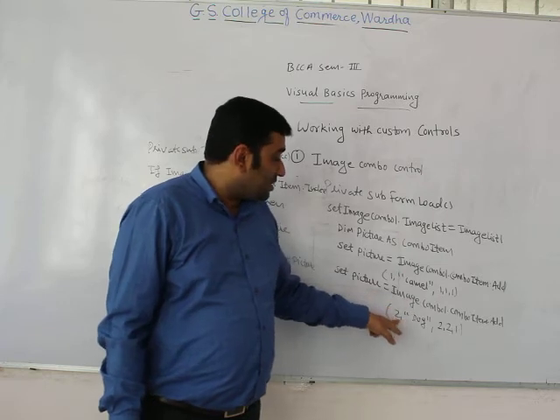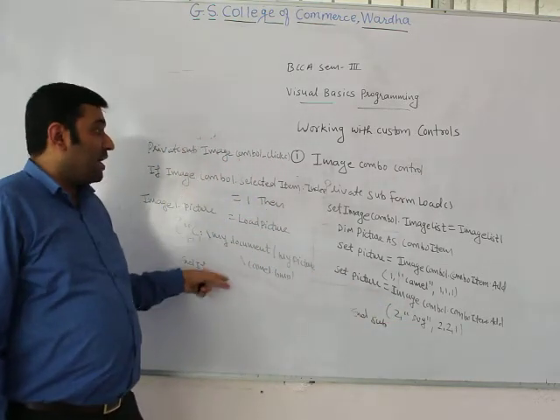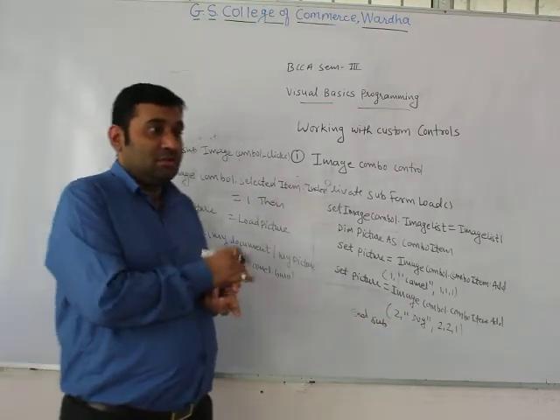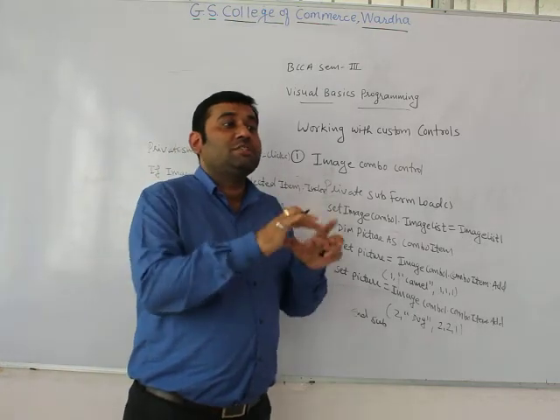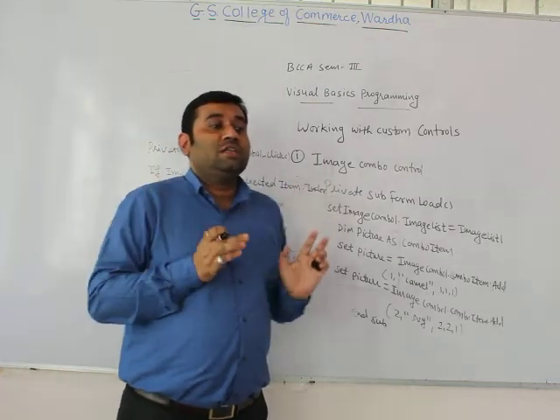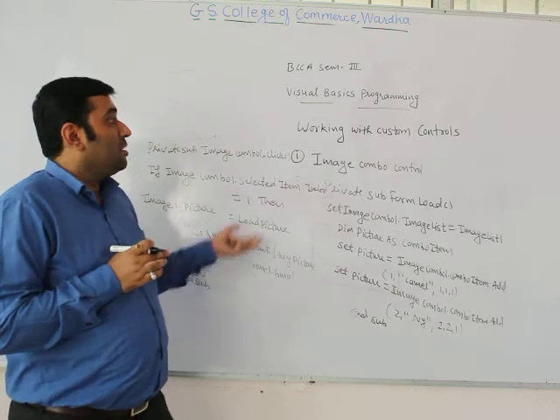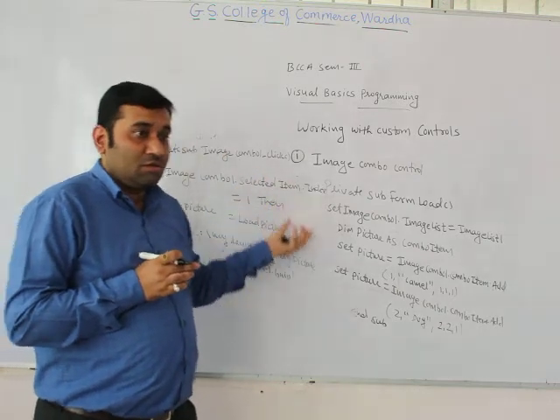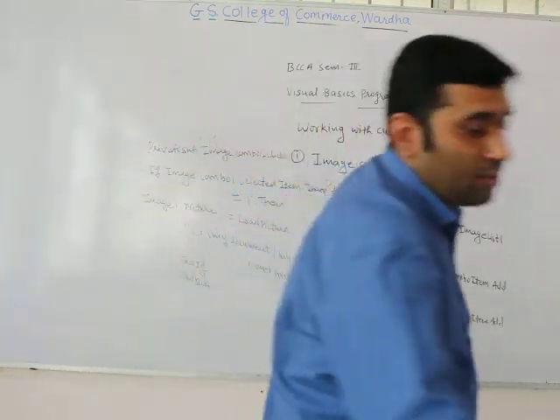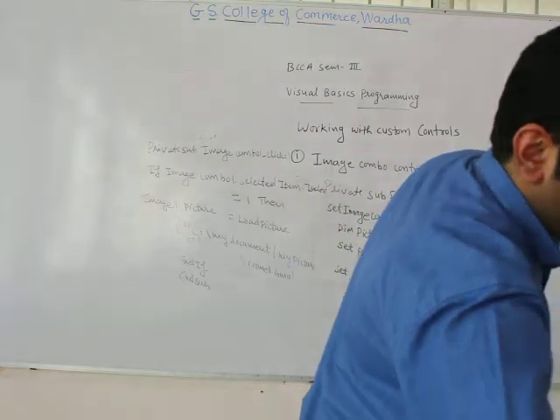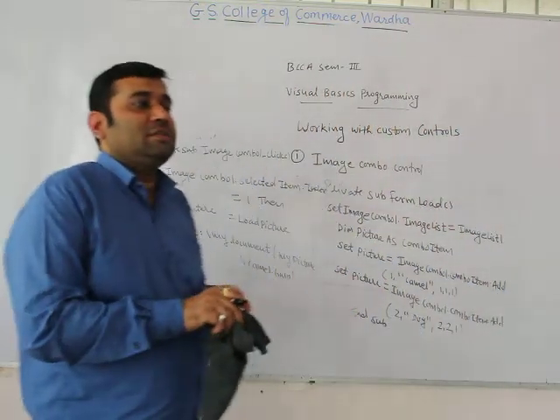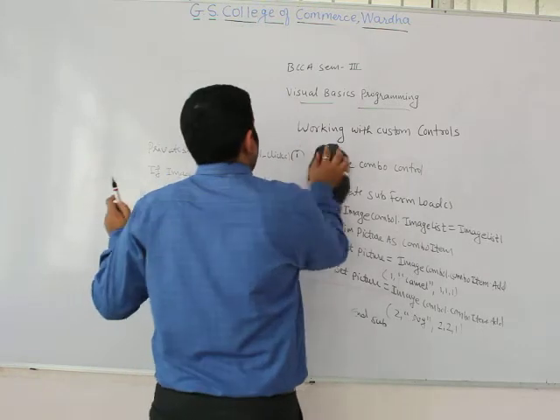The second image works in this way. When you select the image on the combo box, this image is shown in the picture box. In this way, the image combo box control is used for showing images and performing various image related operations.